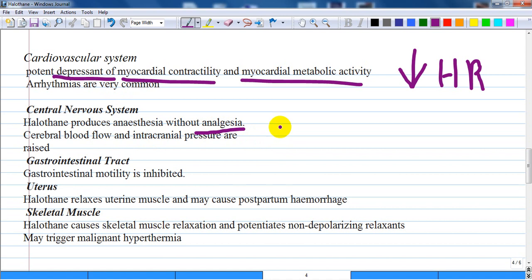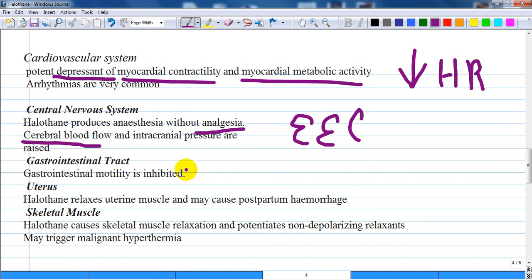Also cerebral blood flow and intracranial pressure rise. So it produces vasodilation and increased flow to the brain. It does not cause seizure activity on electroencephalogram.